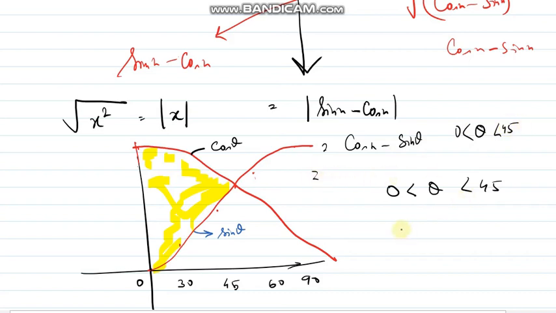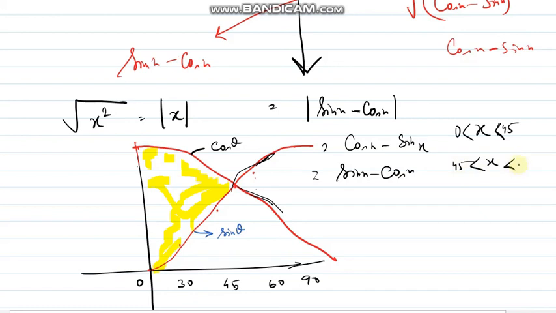But if it is in between 45 and 90, which one is greater? Sin is greater than cos. This is the graph of sin and this is the graph of cos, right? So the answer will be sin theta minus cos theta. Sorry, I just wrote it wrong. I mixed x and theta together. So it will be cos x minus sin x if my x is in between 0 and 45, and this will be sin x minus cos x if x is in between 45 and 90.